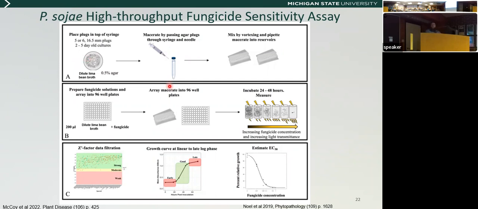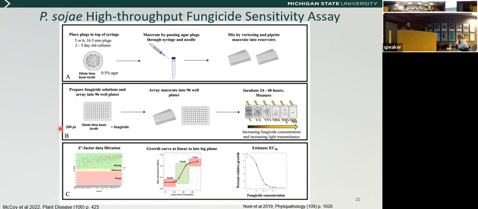We then vortex that Falcon tube to make sure that mycelia and agar are sufficiently homogenized before we pipette them into these little reservoirs that we can then use a multi-channel pipettor with to put them into the 96-well plates. These 96-well plates are where the actual fungicide is amended into the media.